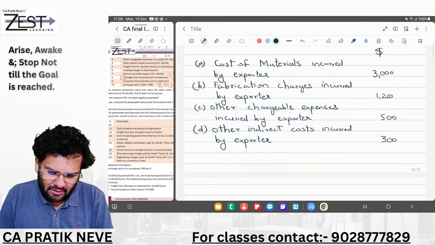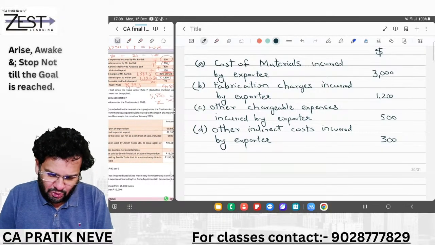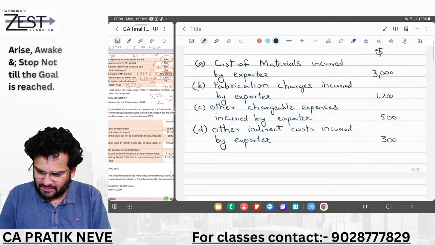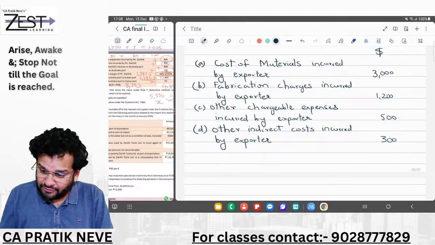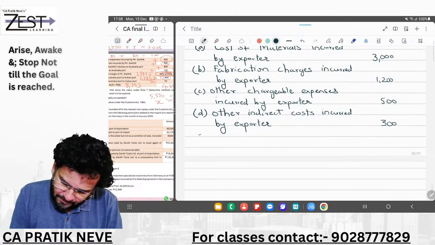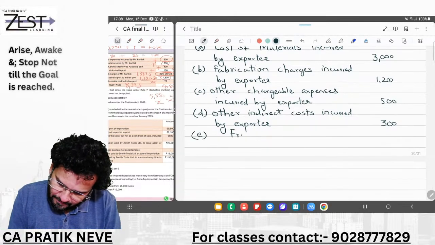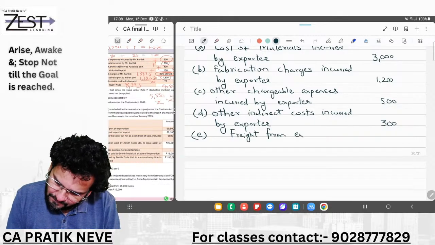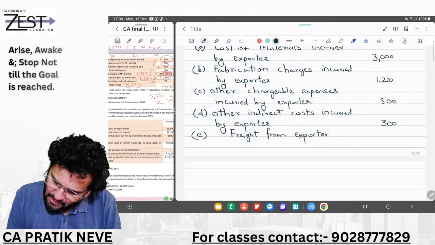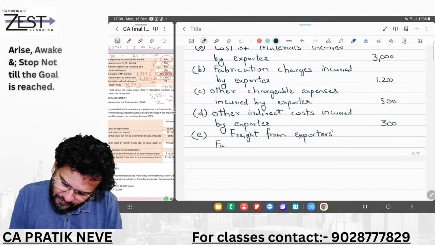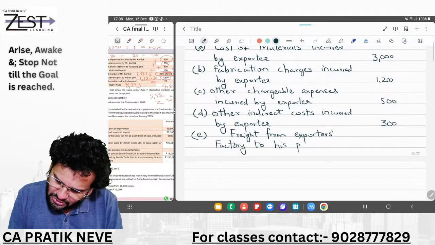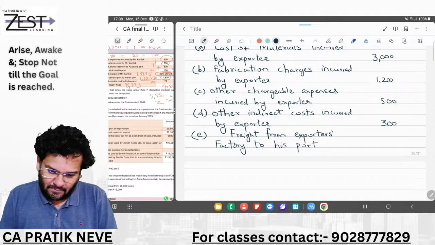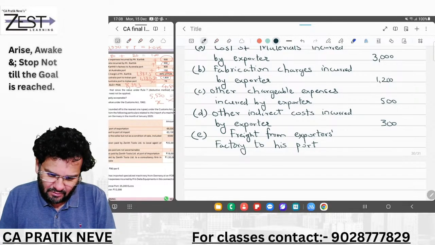Freight from exporter's factory to exporter's port. So it is 400.